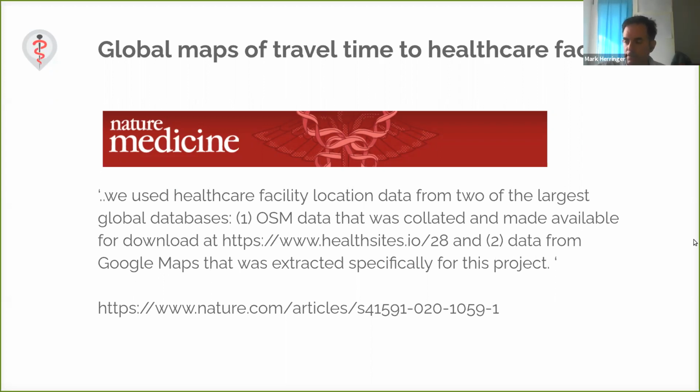And OpenStreetMap data through the Health Sites API was used to determine these travel times. And it is a resource that is being used to establish this service and improve Sustainable Development Goal 3.8, access to health.